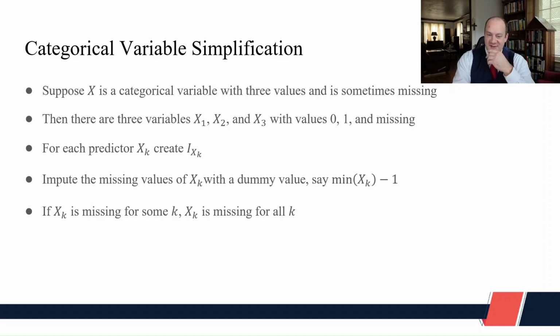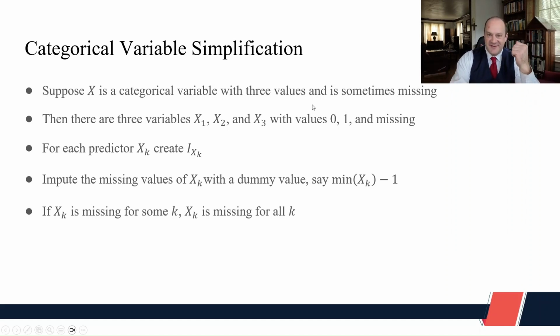if xk is missing for some k, it appears to us, we go, wait a minute, if xk is missing for some k, well, what that means is that xk is missing for all k, right? Because if x1 was missing and x2 was populated and equal to 1, then you know that x1 is equal to 0.